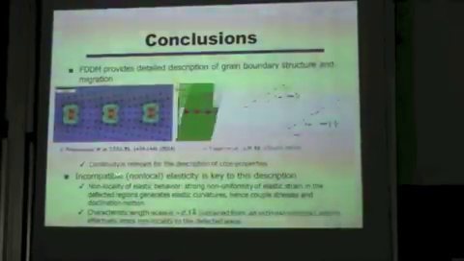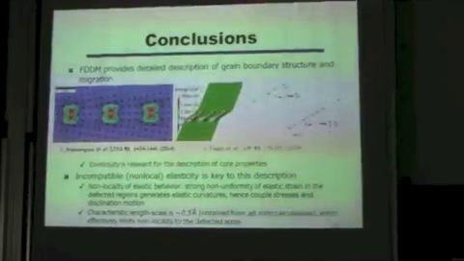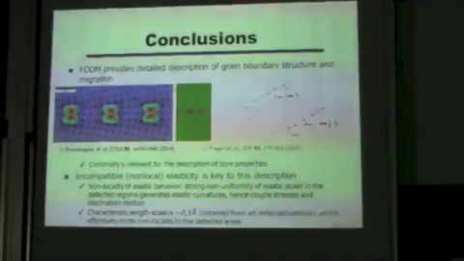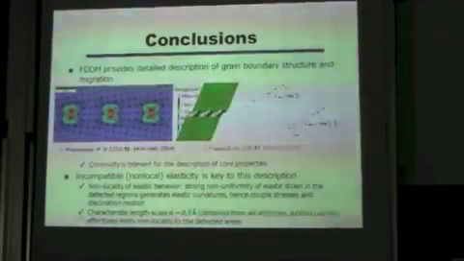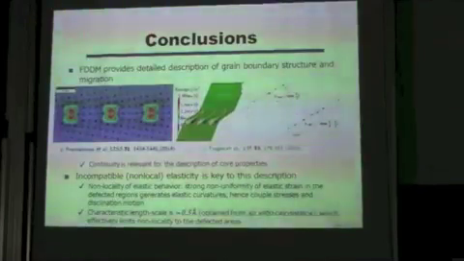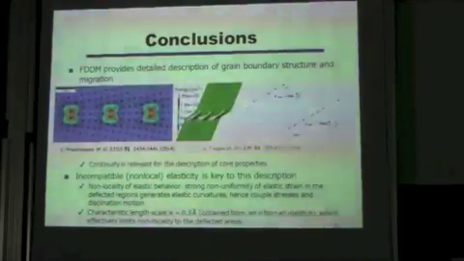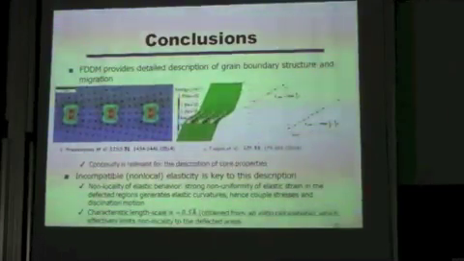So incompatible elasticity is absolutely key to this description. It is these B and D tensors which express non-local properties. They are essential. If they are not there, we cannot obtain boundary migration. So boundary migration is due to the non-local aspects of elasticity.